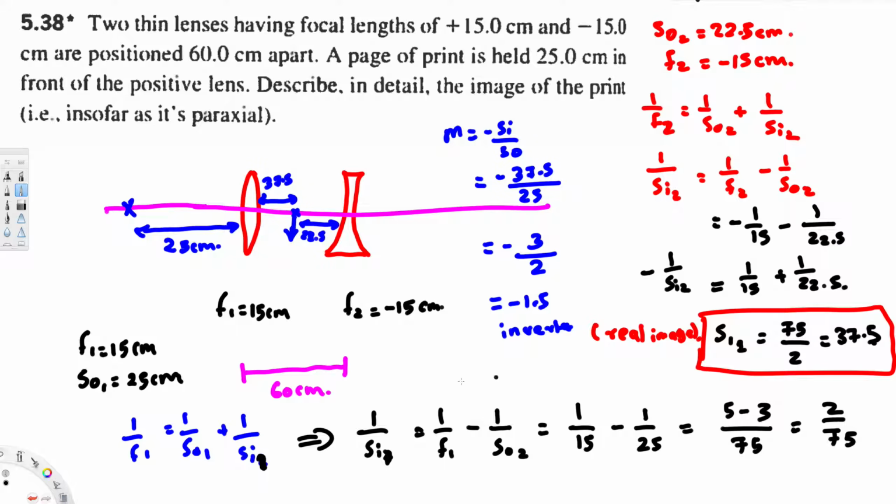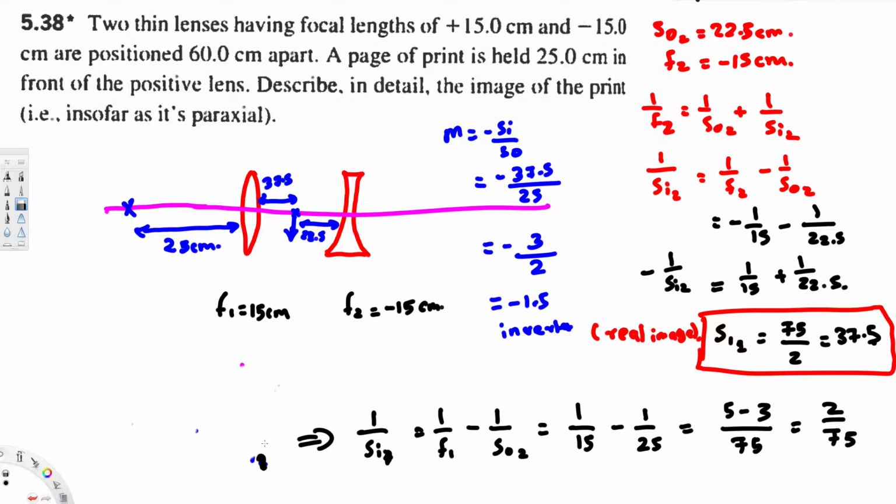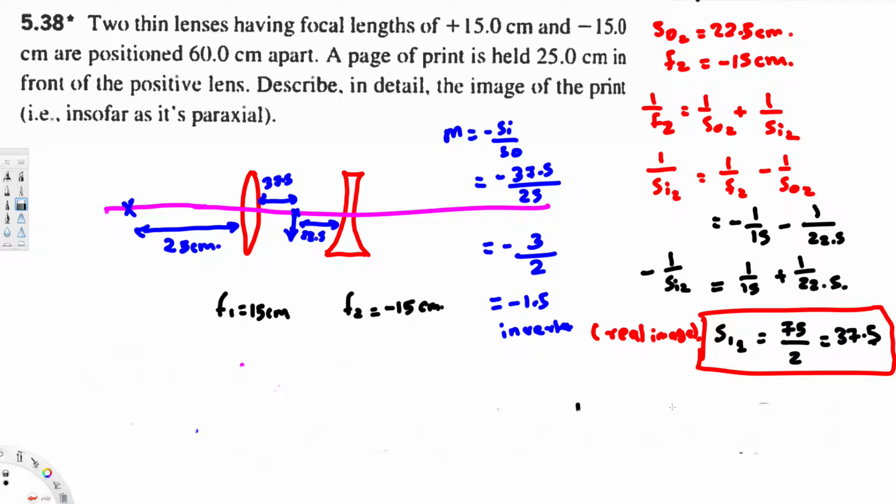Now we need some space, so let's get rid of this part. I'm going to note this down on the other side because we need all the detail about the image information. So I'm going to just copy this down right here.